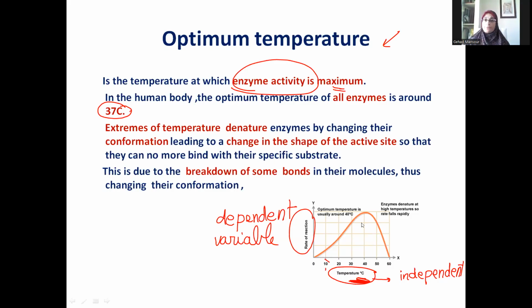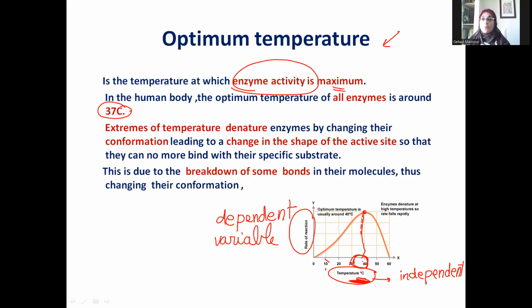So in this graph, we can see the relationship between the temperature in degrees Celsius on the x-axis and the enzyme activity on the y-axis. As you can see, there is a peak for the curve, and if you drop a perpendicular, you will see that it will meet the x-axis at 40 degrees Celsius.